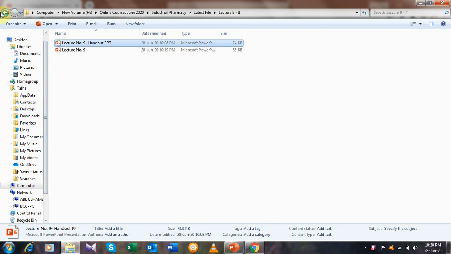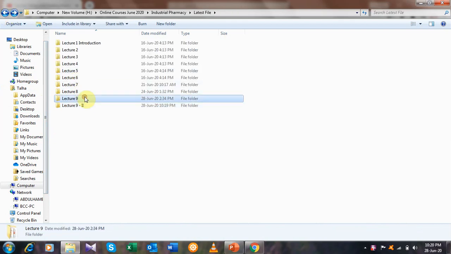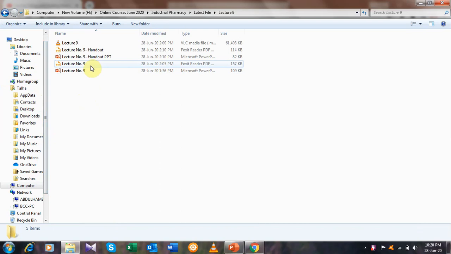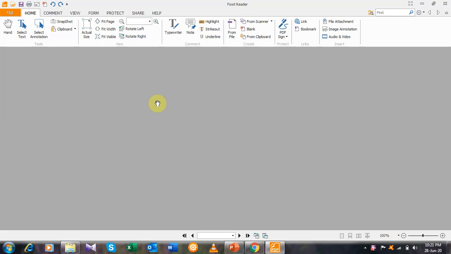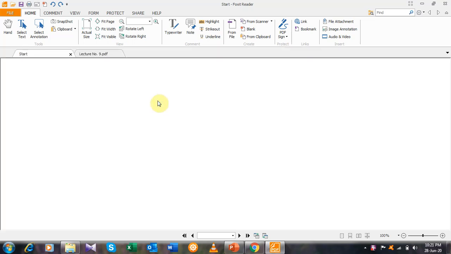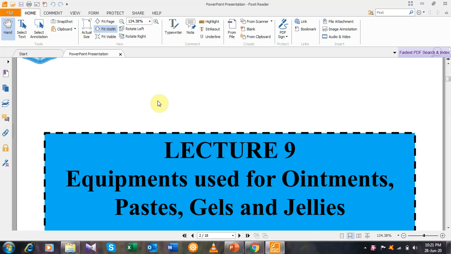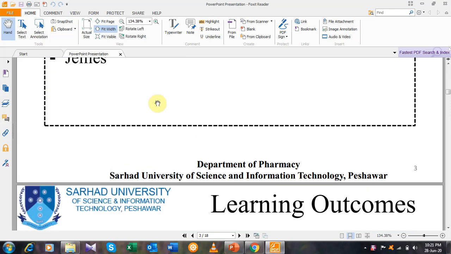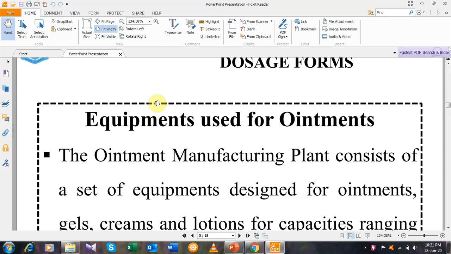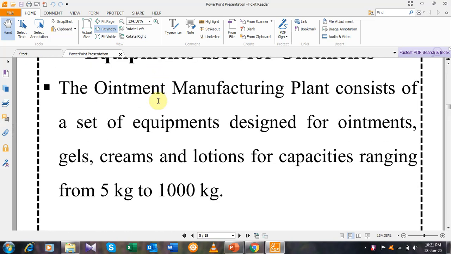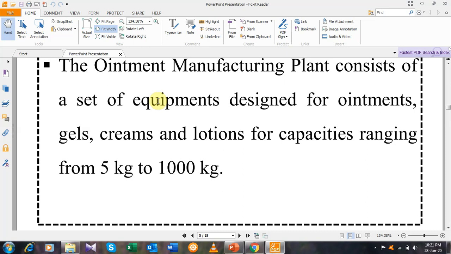In the first part, I have told you about the ointment manufacturing machine, how ointments are manufactured using the different equipment, and that equipment is not only used for the ointment but also used for creams as well, and the other type of preparation, that is the gels and lotion, and the capacity ranges from 5 kg to 1000 kg.